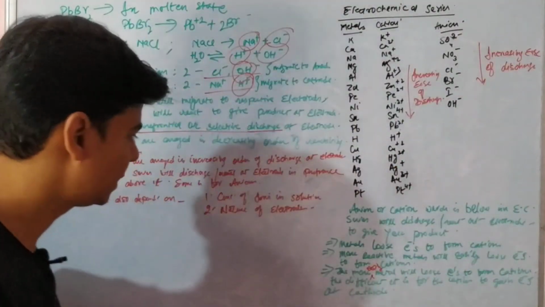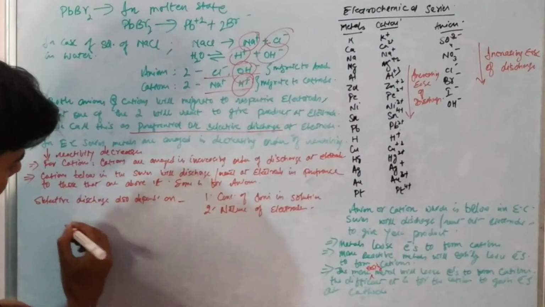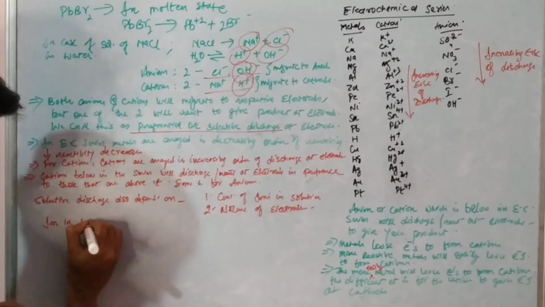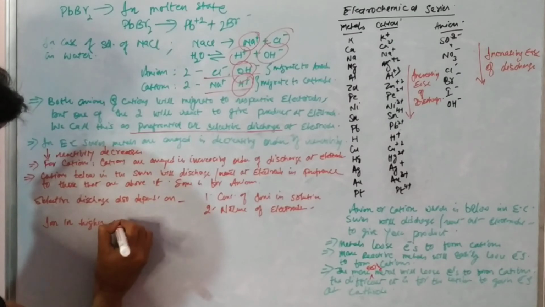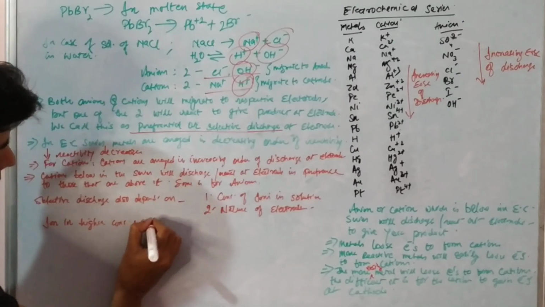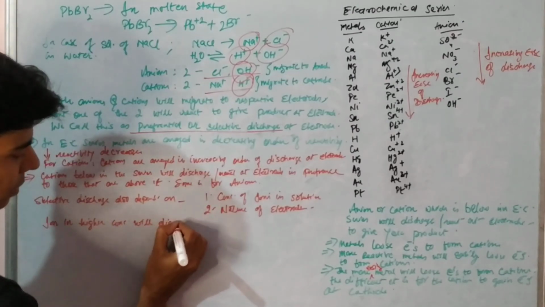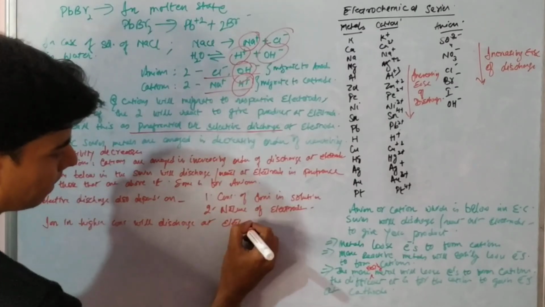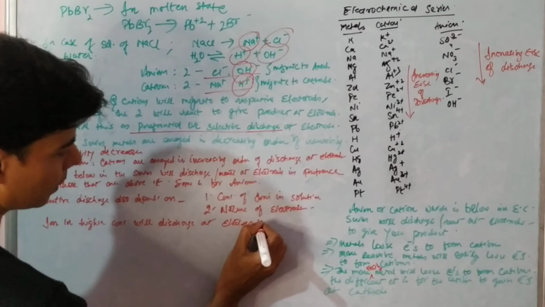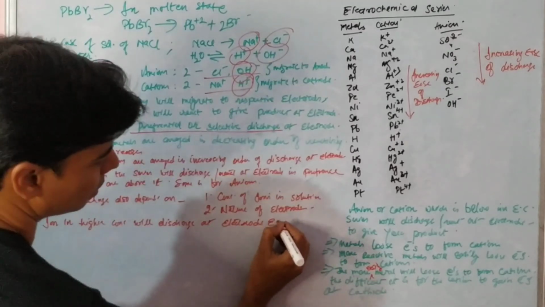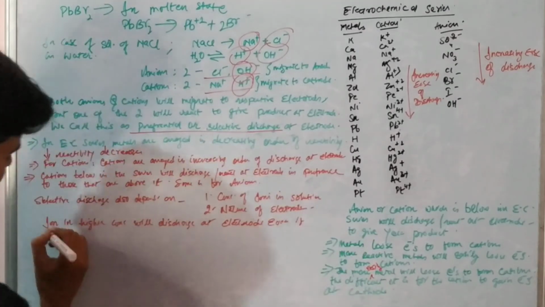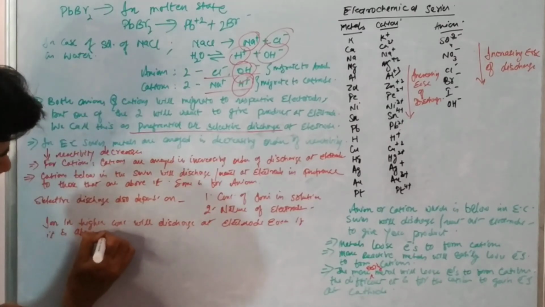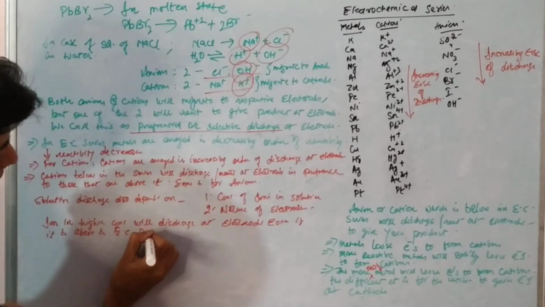So I'll just note down here: the ion in higher concentration will discharge at the electrode, even if it is above in the electrochemical series.